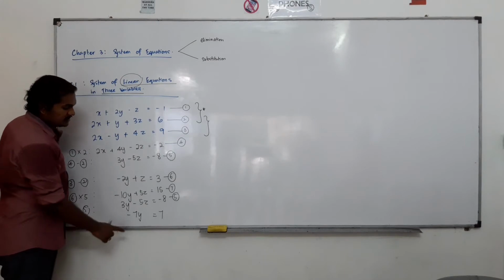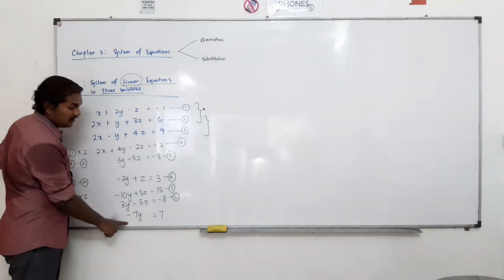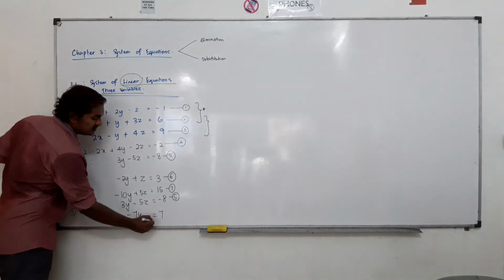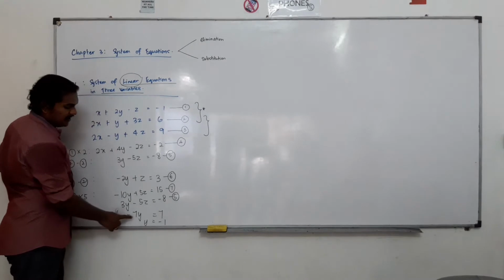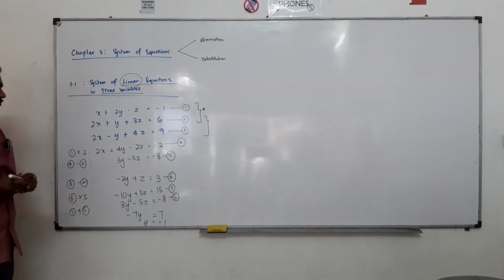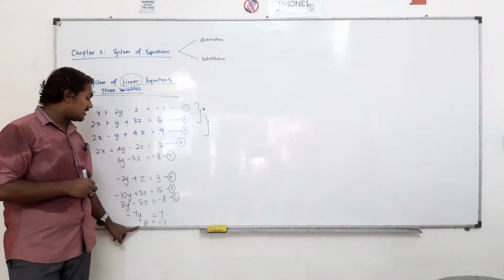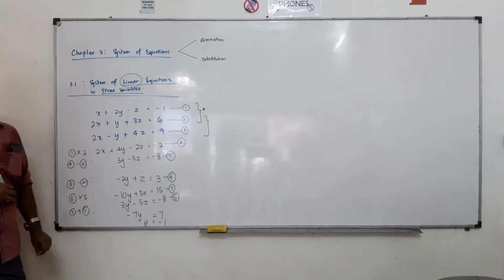So I now have negative 7y equals 7, and I can find y. Negative 7 goes to the other side and divides: 7 divided by negative 7 is negative 1. So we have found our first answer: y equals negative 1.